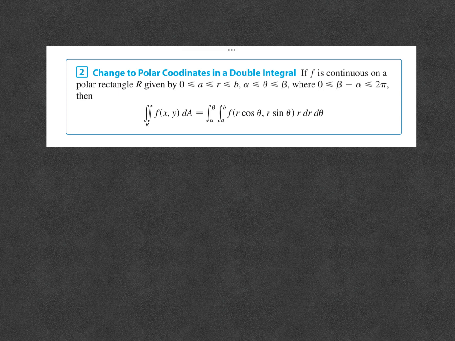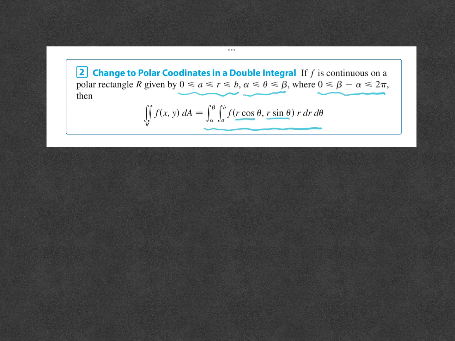If f is continuous on a polar rectangle, r is between a and b, both greater than 0, and theta is between alpha and beta, and we know that beta minus alpha is between 0 and 2 pi, so that means it's positive, then the double integral is f of r cosine theta, r sine theta, times r dr d theta. This is your x right here, and this is your y.